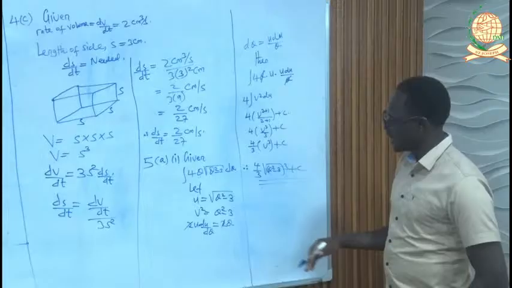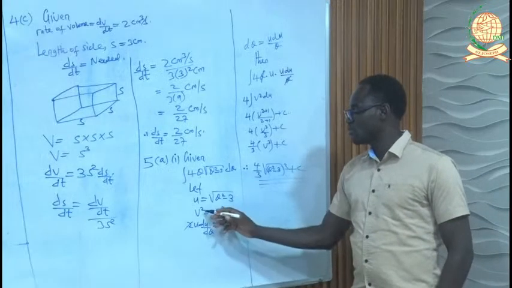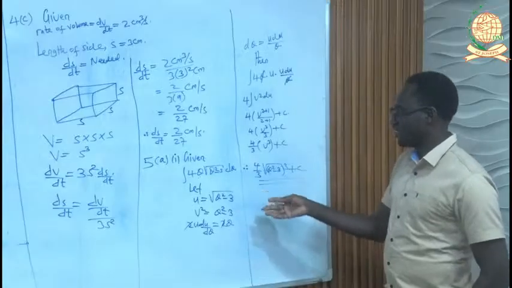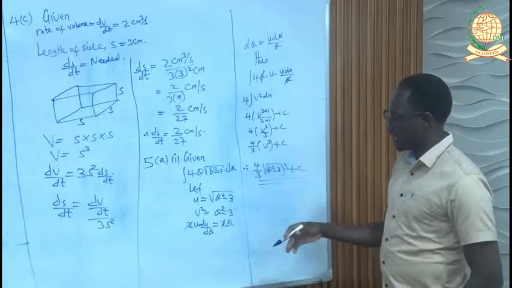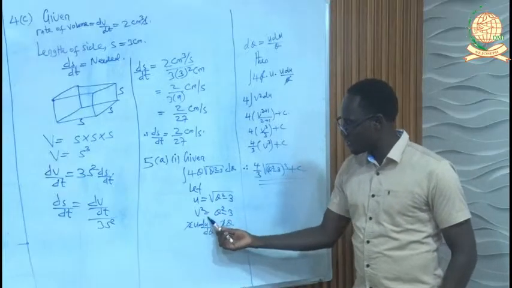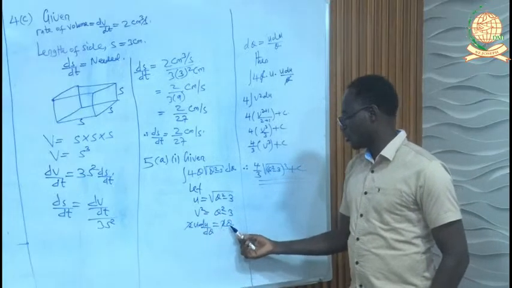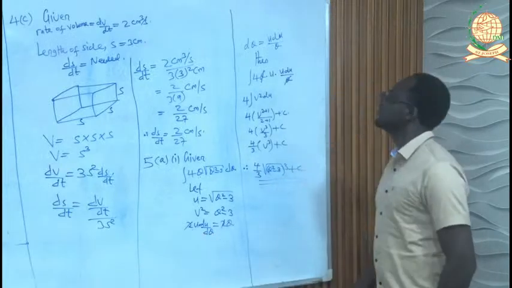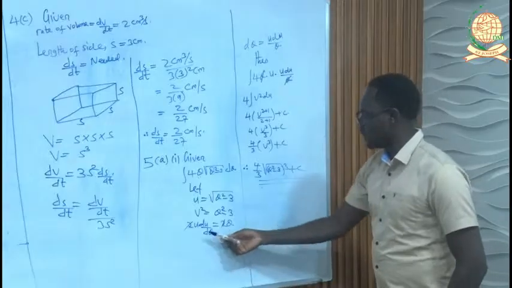Okay, square both sides to remove the radical sign. u squared will be equal to θ squared minus 3. Then differentiate both sides with respect to θ. So we're going to have 2u du over dθ equals 2θ. This 2 and this 2 will cancel. Then make dθ the subject from here.